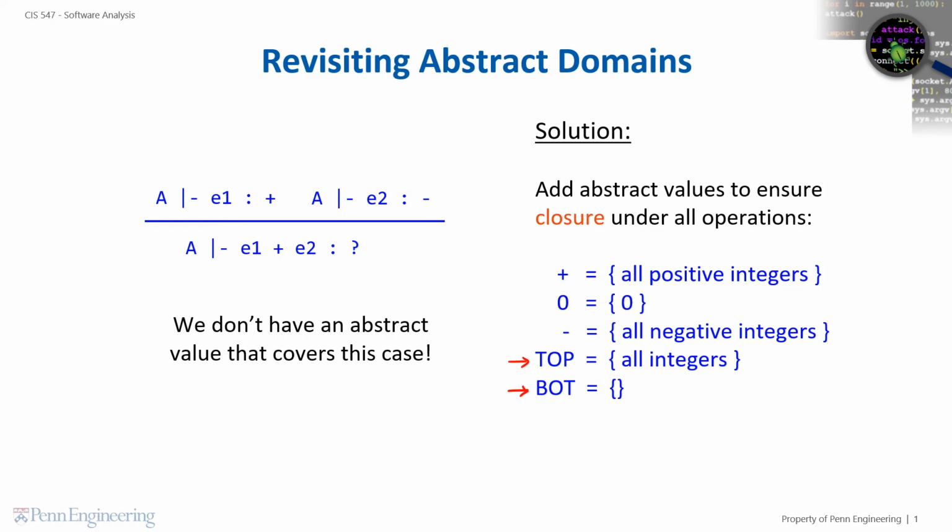Notice that the abstract values no longer represent disjoint sets of concrete values. This is okay. This happens quite regularly in abstract domains, as we saw in the module on data flow analysis and earlier in the module on Introduction to Software Analysis.